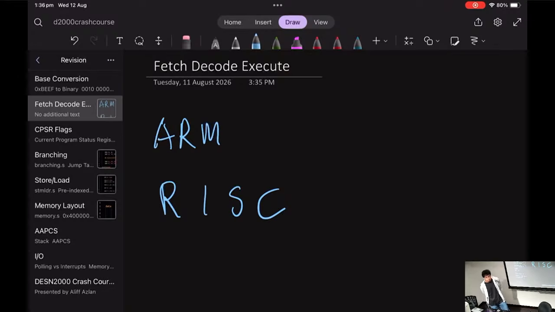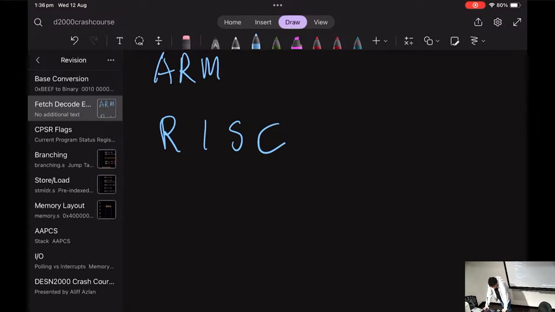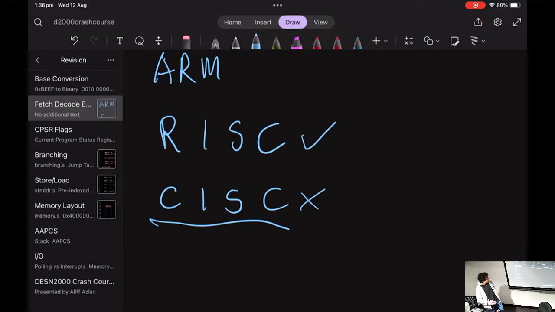So if you compare it to, say, hold on, to other systems, some of them have a bit more. We don't really study this, but for reference, other systems might use something called a complex instruction set computer, such as, say, x86 or Intel, right?